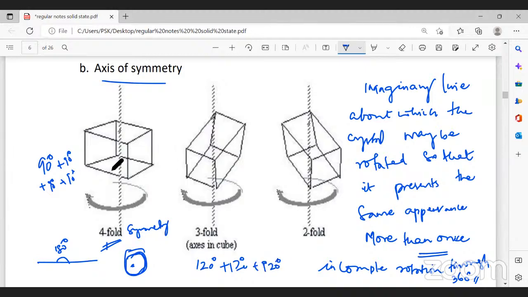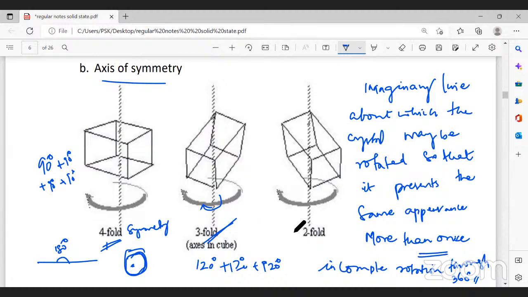So if you rotate 120 degrees, this cube will appear the same. Likewise, 3 times we can rotate 120 plus 120 plus 120. So in one complete 360 degree rotation, this cube will appear like this 3 times. Therefore, it is called threefold symmetry. Yes, students. Yes, sir.